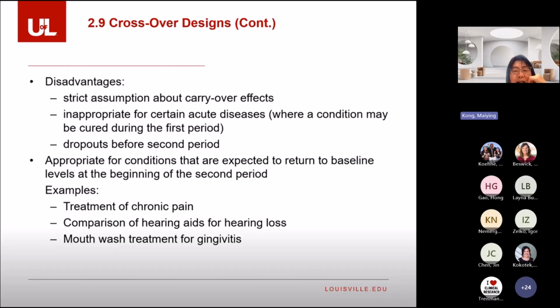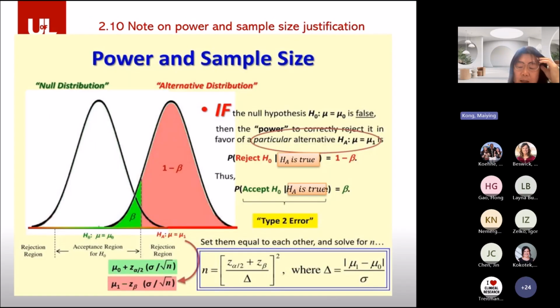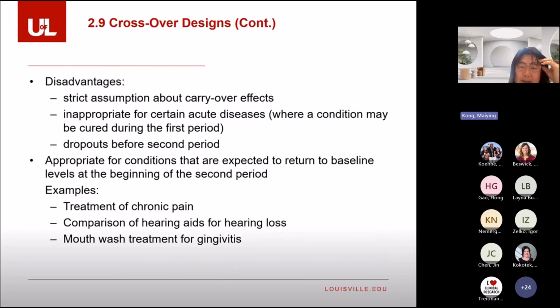It is appropriate for conditions that are expected to return to the baseline level at the beginning of the second period. Examples include treatment of chronic pain, comparison of hearing aids for hearing loss, mouthwash, and treatment for conjunctivitis.